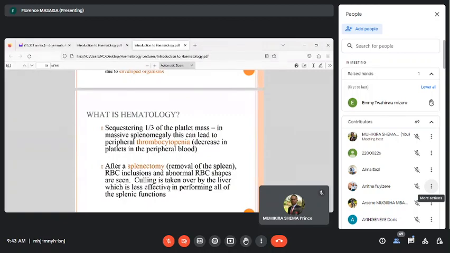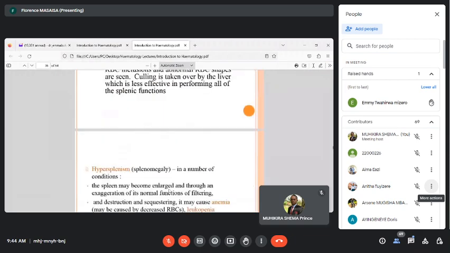But also after removing the spleen, the role which was done by the spleen is decreased. So you may see most of the aged damaged cells still circulating in the bloodstream, or even an increased number of cells. If you find someone with an increase of platelets after splenectomy, don't find it strange. It's just because the spleen is no longer there.